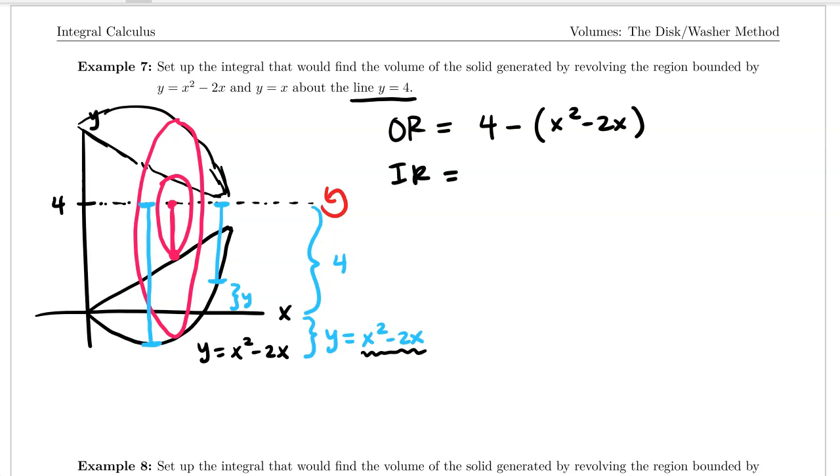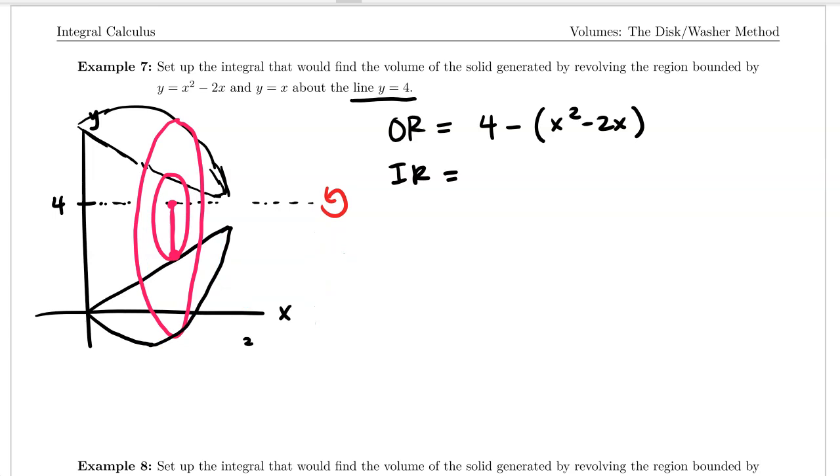Now let's calculate the inner radius. The inner radius is a similar idea, and I'm going to do some erasing. I know that the distance from here to here is 4, and my inner radius is the distance from here to here, and I know that the distance from here to here is the y value for the linear curve.